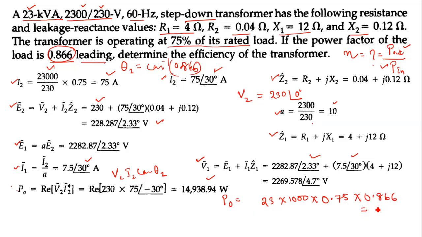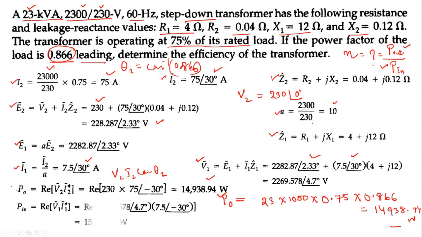So it will also give me around 14,938.94 watt. So it will give me the same answer. In this way also you can find output power, right? Both ways you can find the output power.